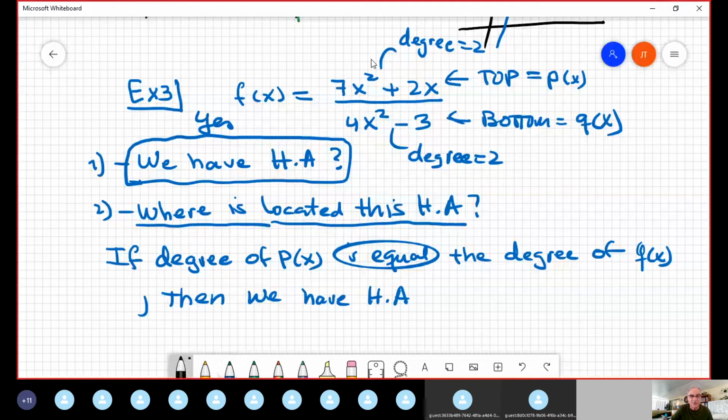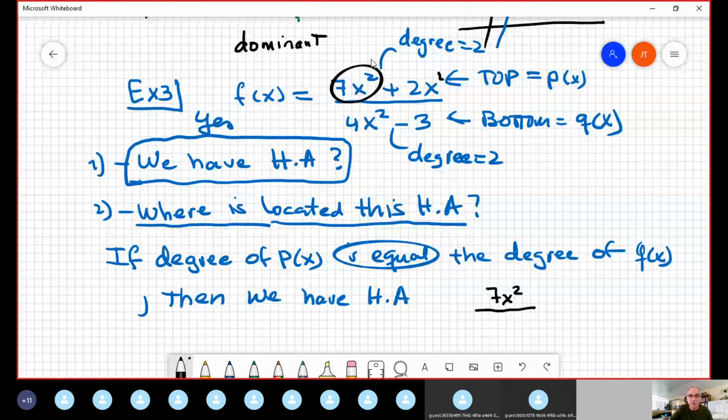The analysis is very straightforward. Look, you analyze in the top, what is the dominant term? The dominant is this one. Why is it dominant? Because it's the term increasing faster. This is a square function increasing faster than linear, and linear is degree 1. So the dominant in the top is 7x squared, and the dominant in the bottom is 4x squared, for the same reason.